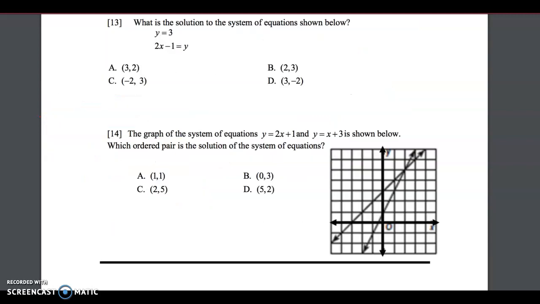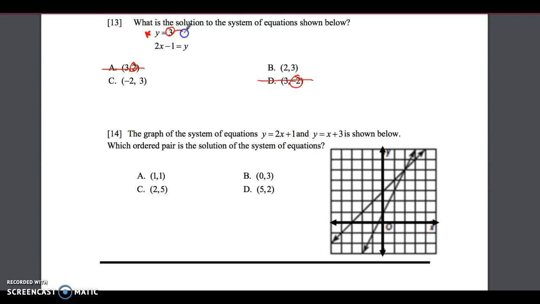Number 13, what is the solution of the system of equations below? Well, I can look at this first equation right here, y equals 3. I can automatically mark out A and D because this one has a y of 2 and this one has a negative 2, so it can't be those. So it has to be either B or C. But actually, I need to do my substitution.